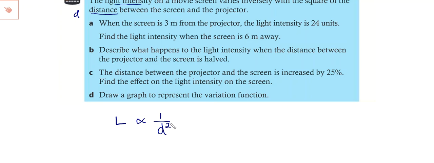And that's it. Now I write an equation, which is L equals what? K over d squared. Remember the proportional symbol becomes equals k. K times 1 over d squared is k over d squared. We talked about that.